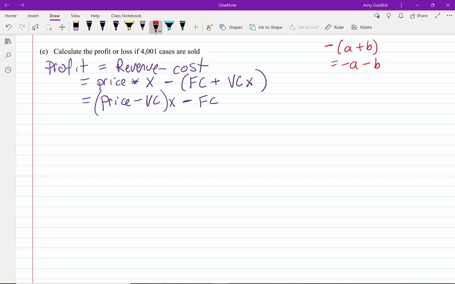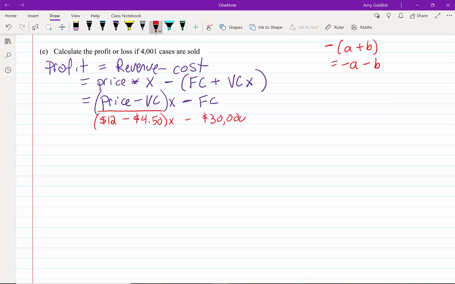I'm going to write that down because it's an easy thing to forget. So price minus variable cost times X minus fixed costs. We've seen this before. In our case, we got to the point where 12 minus 450 X minus 30,000.